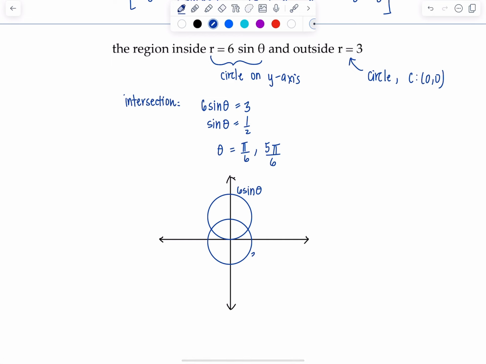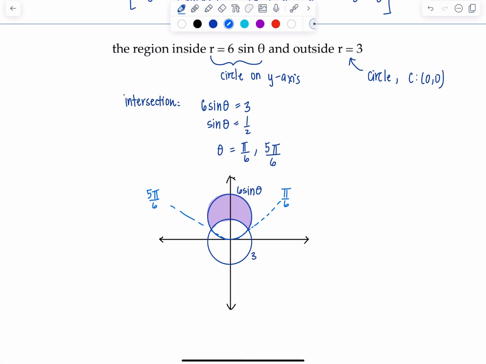This is r equals 3. And then we want the region inside the upper circle, outside the lower circle. So we want this. Yes? Okay. And then conveniently, we already know this intersection happens at pi over 6, and over here, 5 pi over 6.